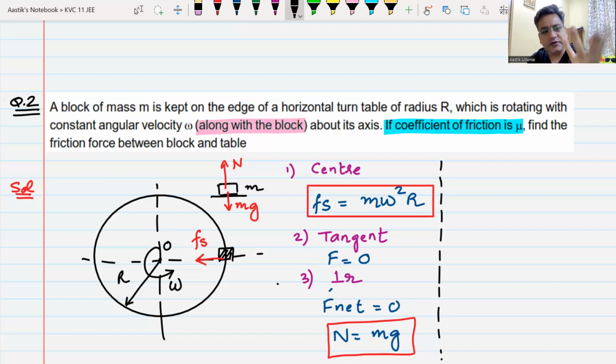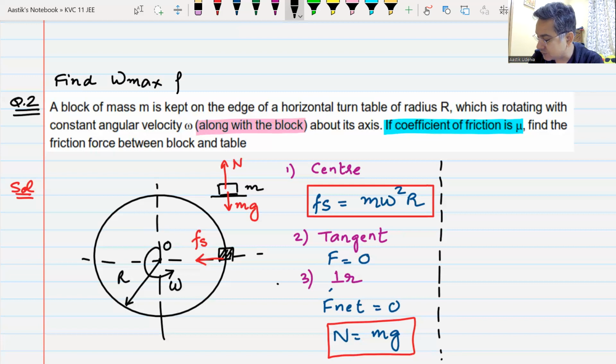So if I keep on rotating it, at some time it will just slip and move away from the table. What is the maximum omega possible for the block to remain moving with the table? That is the next question that is asked.